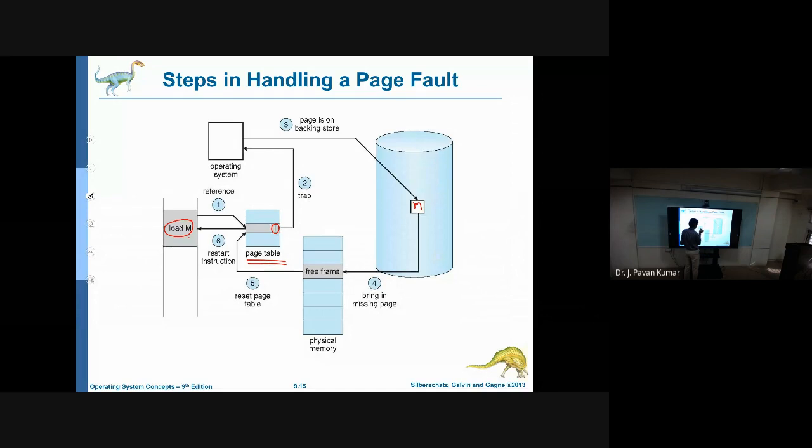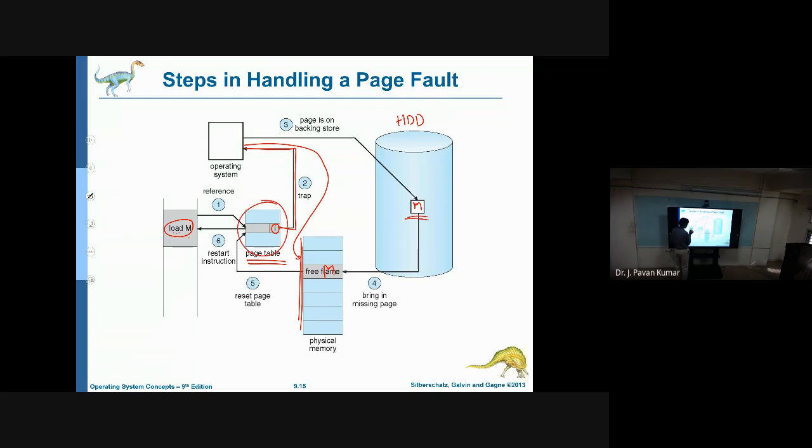Then it gives a trap interrupt to the operating system. After getting the trap interrupt, the operating system checks the backing store, or secondary memory, or hard disk, and finds this particular page. At the same time, the operating system checks for a free frame. Wherever we have a free frame, this particular page will be loaded. So m will be loaded here, and accordingly the page table will be updated.